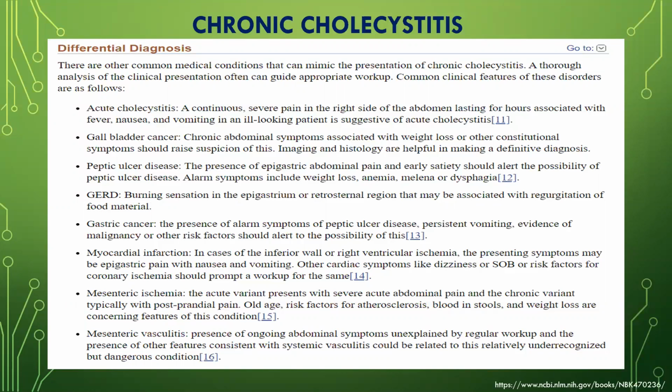Burning sensation at the epigastrium or retrosternal region may be associated with regurgitation of food material in a patient with GERD. The presence of alarm symptoms of peptic ulcers, persistent vomiting, evidence of malignancy, or risk factors should alert to the possibility of gastric cancer.